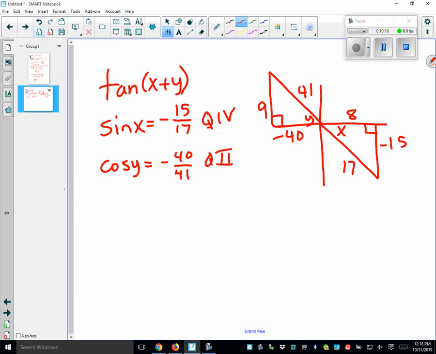What's the formula for tangent of x plus y? Tan x plus tan y. What's tan x? Negative 15 over 8. Plus, what's tan y? 9 over negative 40, negative 9 over 40.